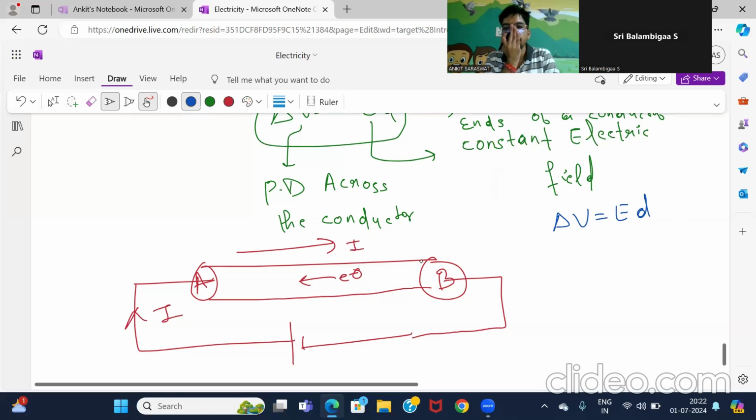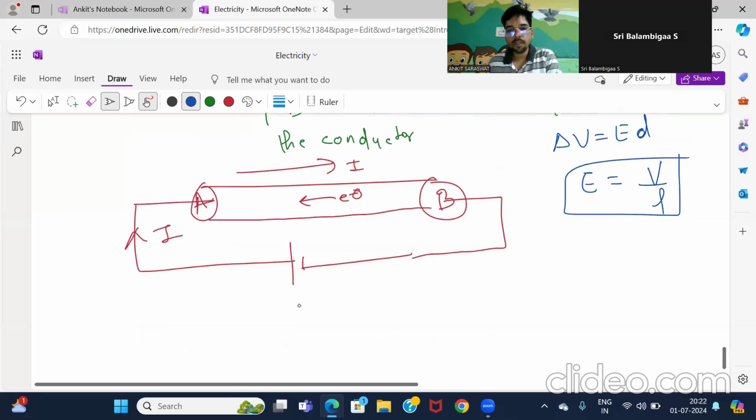Minus, always higher minus lower. So E will be how much? The voltage drop is V, and the length of the conductor is L. Clear? Then delta V will be E into d, and E will be V by L.